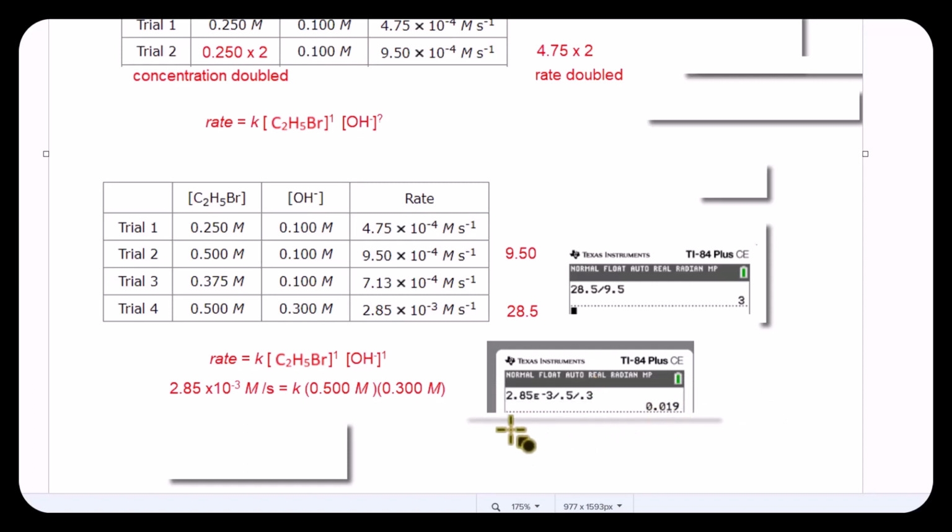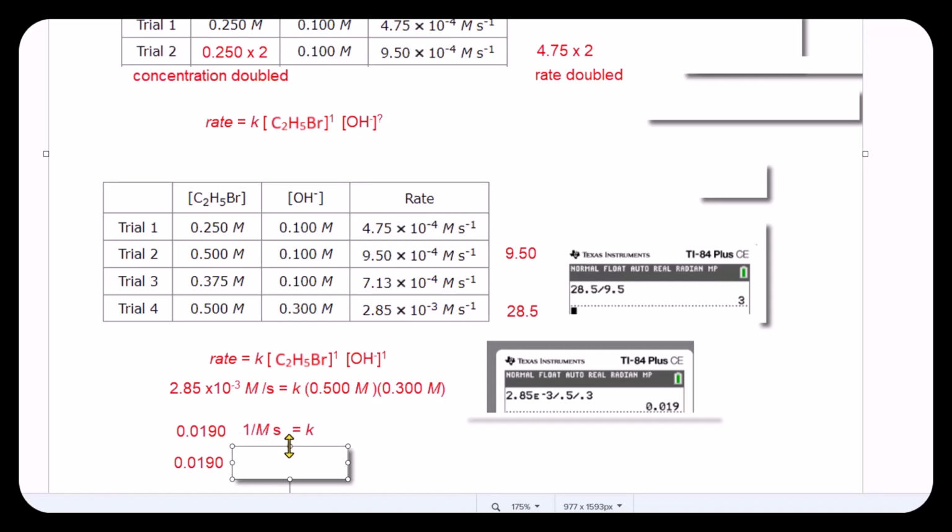Here's how I do it in my calculator: 2.85 exponential entry negative 3, divided by 0.5, and again divided by 0.3. And I get 0.019. That's my constant. My K is 0.019. I'm solving for my K.